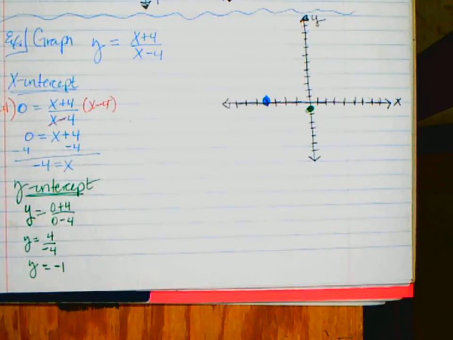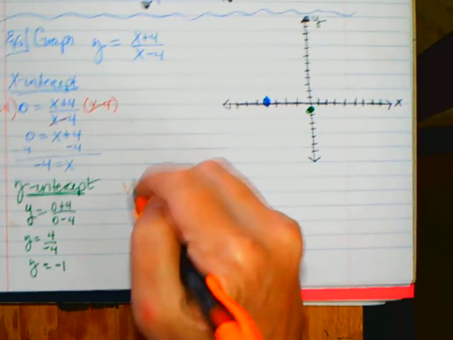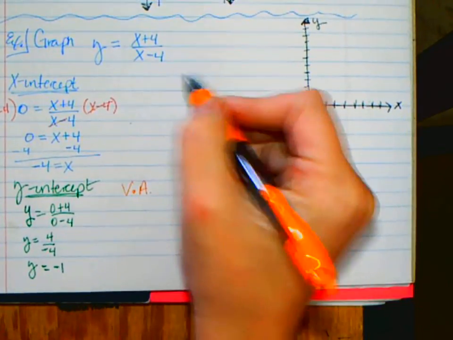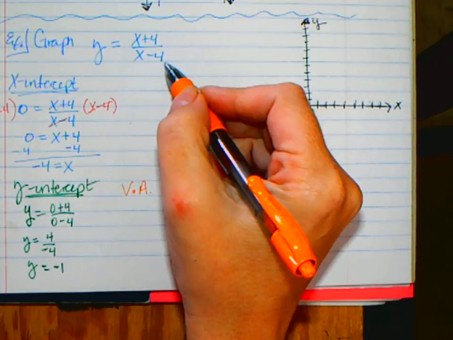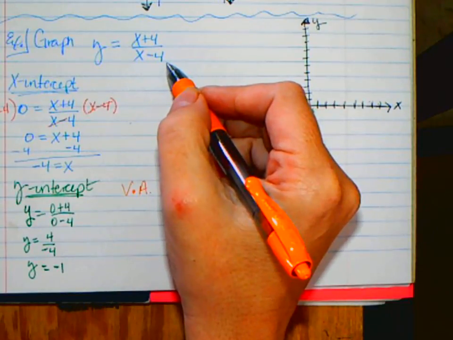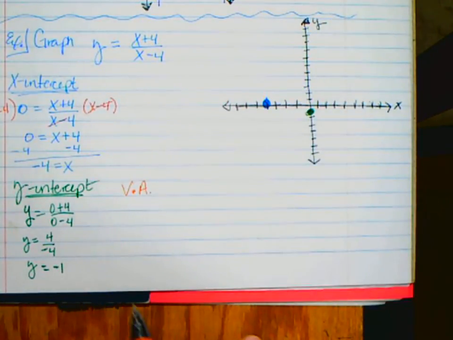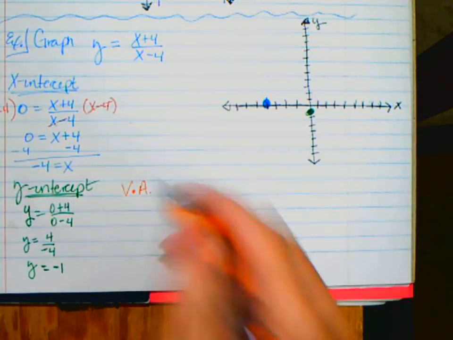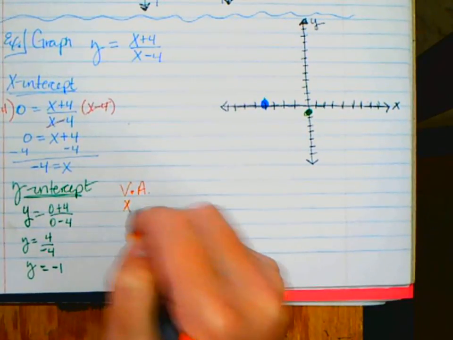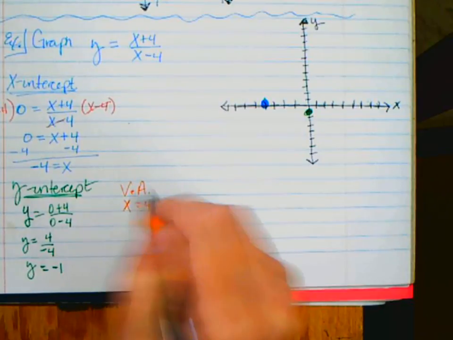All right? So our restriction, I would say x cannot equal 4, right? But for the asymptote in an equation, we don't put the not equal sign. So our vertical asymptote is at x equals 4.